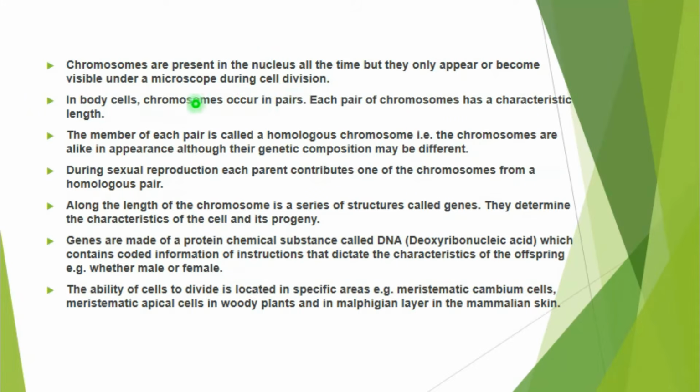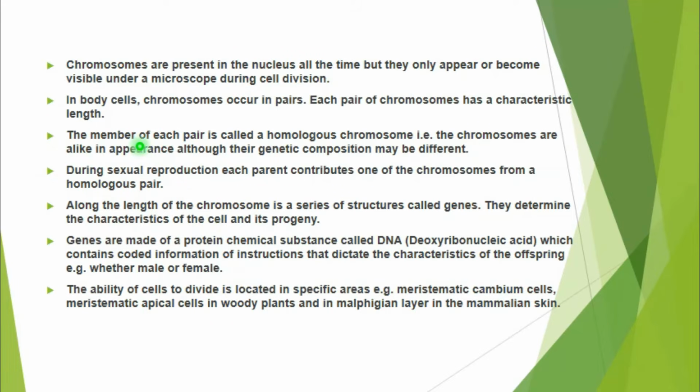So in body cells, chromosomes occur in pairs, whereby each pair has a characteristic length. And therefore, these members, we call them homologous chromosomes. Homo means same. So homologous chromosomes, what are they? These are chromosomes that are alike in appearance.